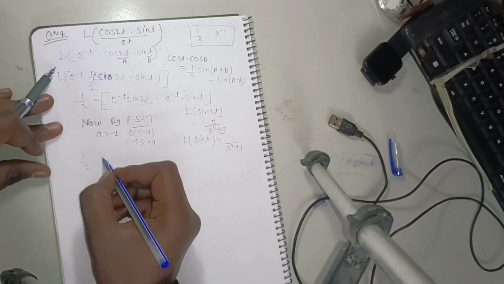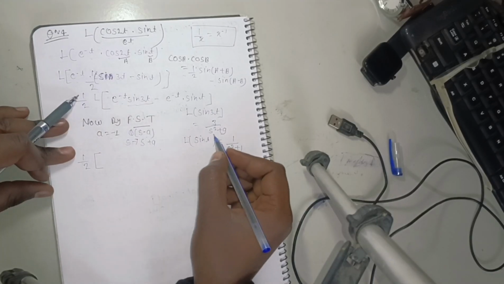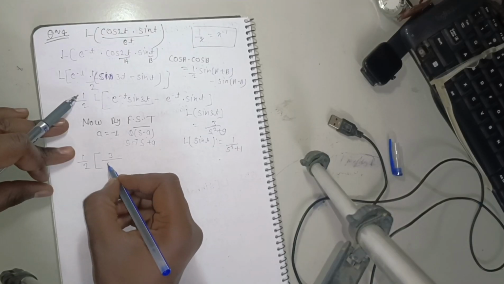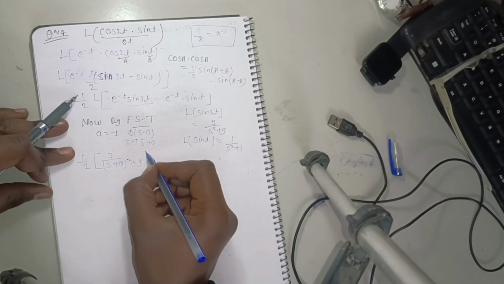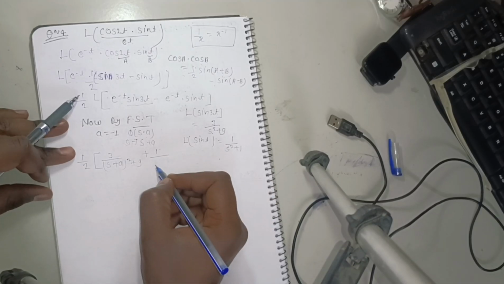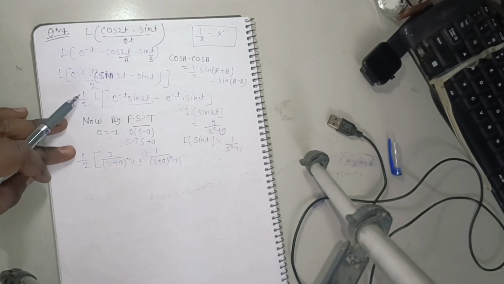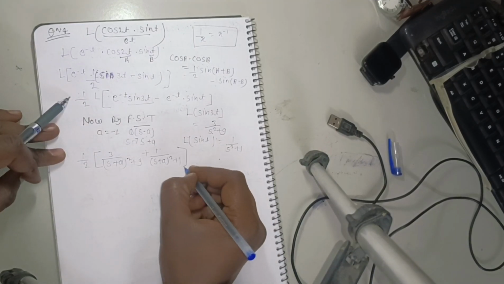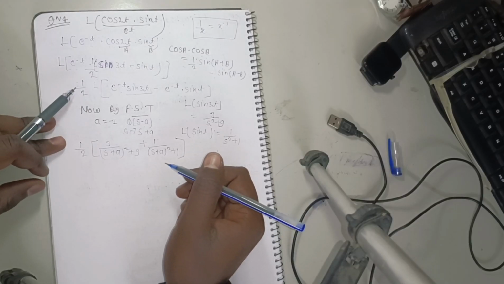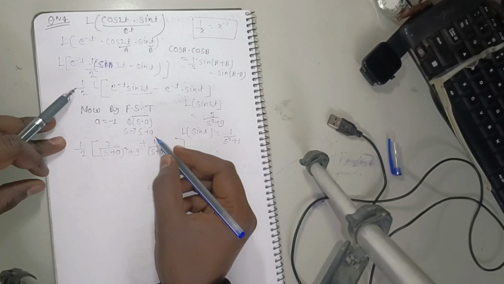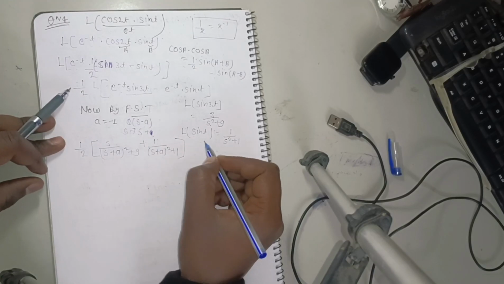So 1 upon 2, 3 upon s plus 1 whole square plus 9, minus 1 upon s plus 1 whole square plus 1.